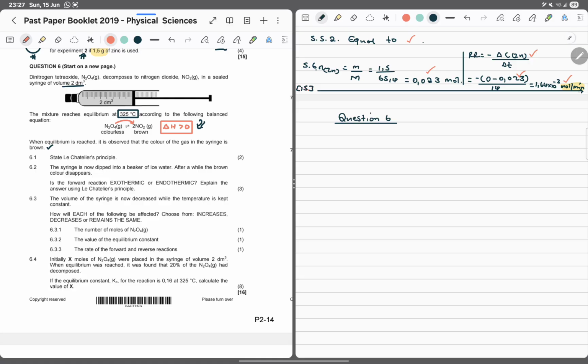Now, this temperature is a higher temperature, so an increase in temperature favors the forward reaction. This confirms our hunch that delta H must be greater than 0, because it's already favoring the production of nitrogen dioxide gas.